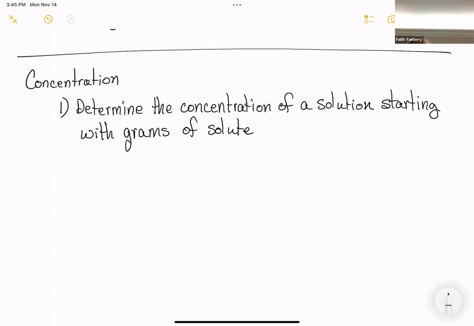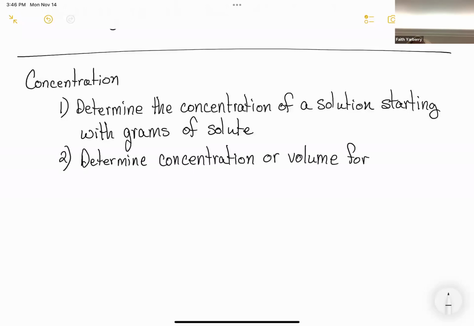The next thing we are going to do is determine concentration or volume for a dilution.